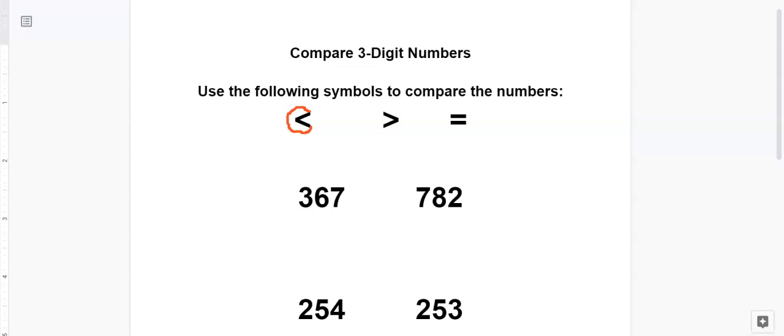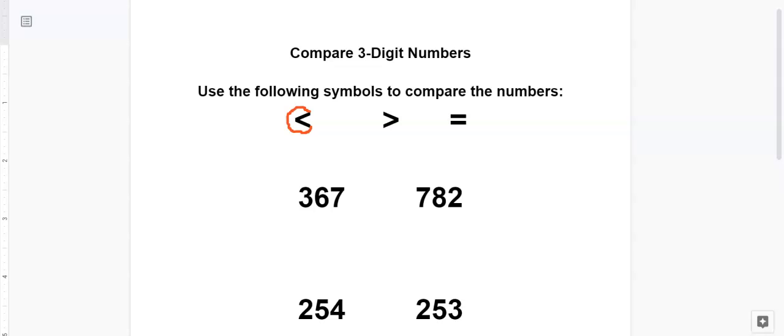Pac-Man would go around and eat all of these different little things, and if he ate one of the pills, he would be powerful and could chase the ghost and eat the ghost. Well, Pac-Man eats everything. Pac-Man really wants to eat the largest of the numbers. So when you compare two numbers, you direct the open mouth towards the number that is the largest.